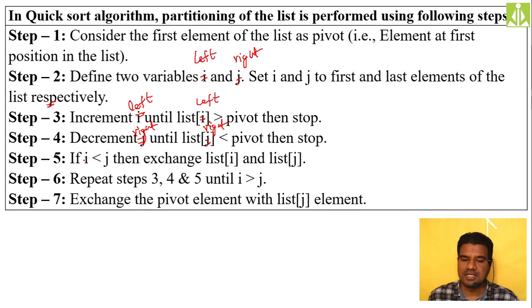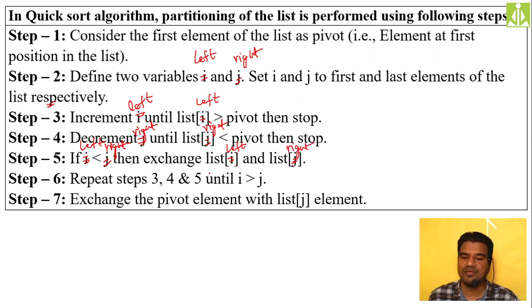After shifting in this way, if left is lesser than right, then exchange list of left with list of right.